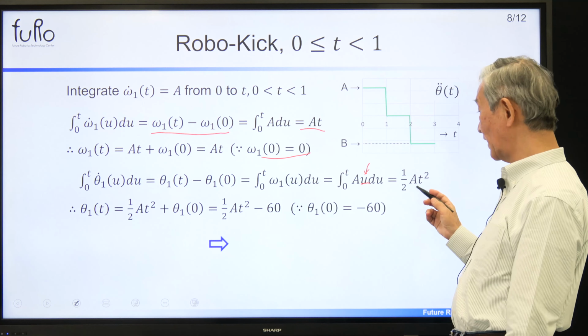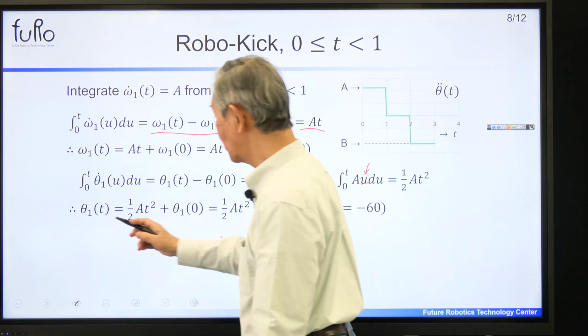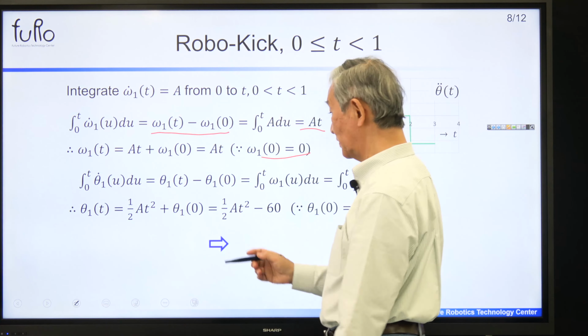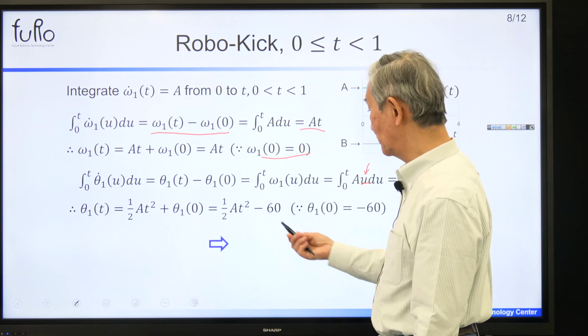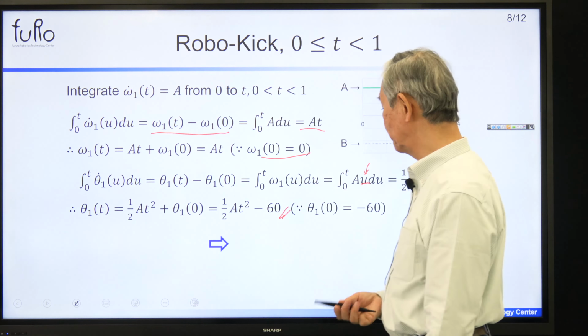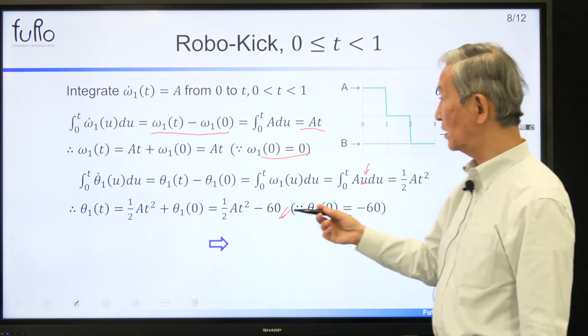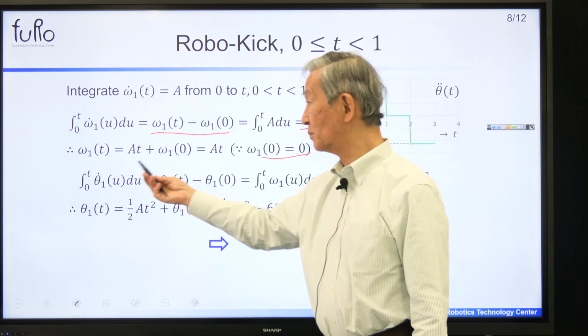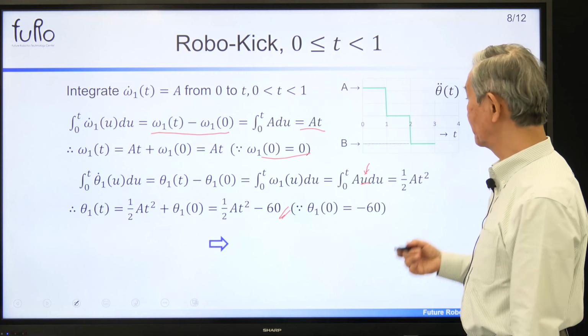So that's going to be 1/2 A t squared, okay? So theta 1 of t is equal to this one plus theta 1 of 0, and theta 1 of 0 was, yes, negative 60. Okay, so this is what we got. So within 0 to 1, we have both the angular speed and angle trajectory.